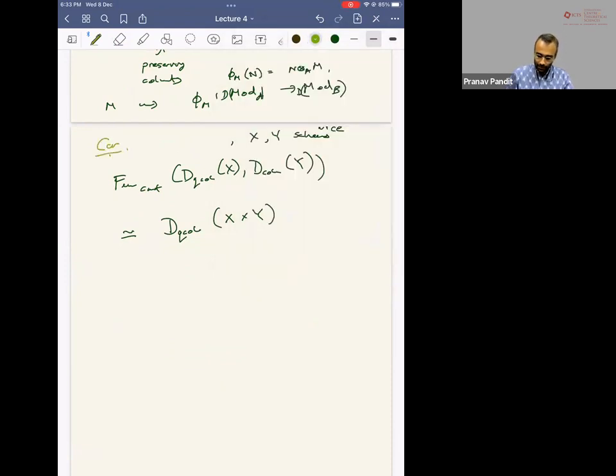And what is the correspondence if you have some complex of sheaves F in D quasi-coherent of X cross Y?